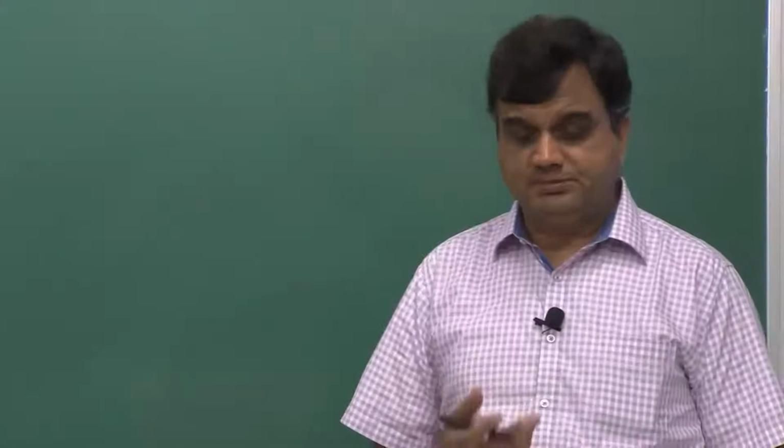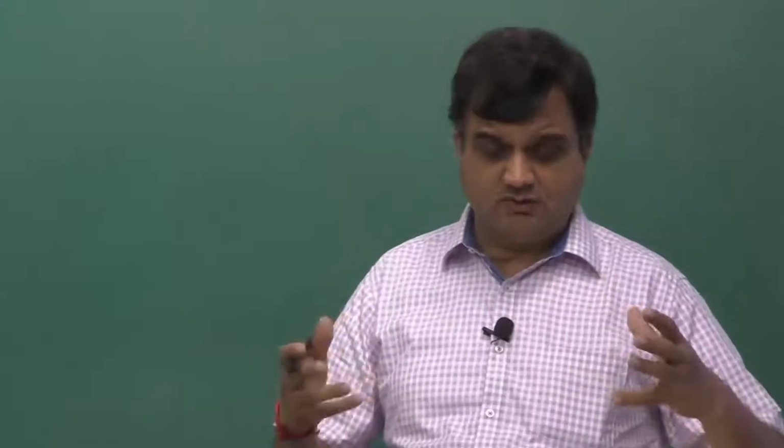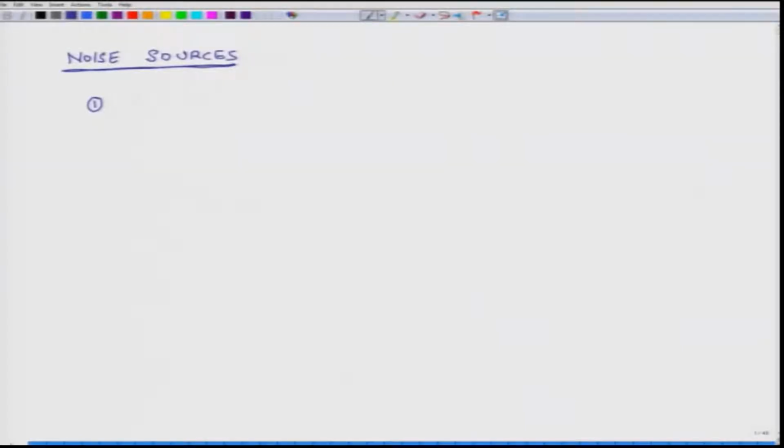Before we start discussing microphones, quickly we will talk about three types of noise sources. There are several types of noise sources, but a lot of times we encounter some special types. The first type we have already discussed is a point source.